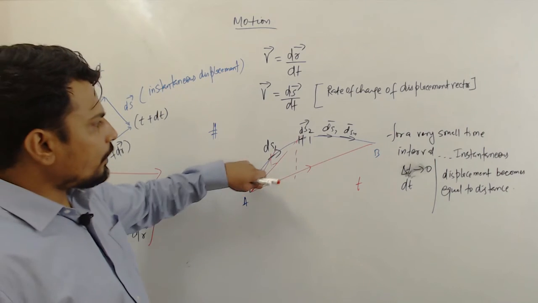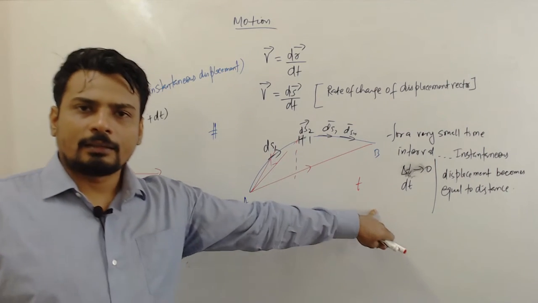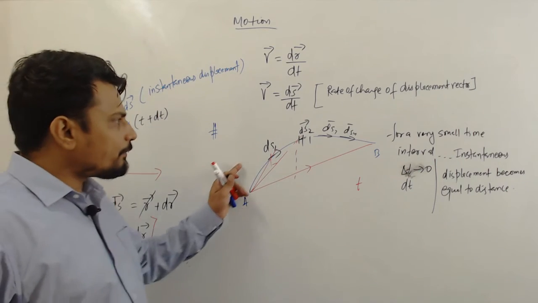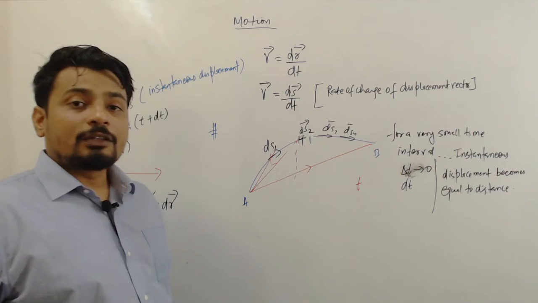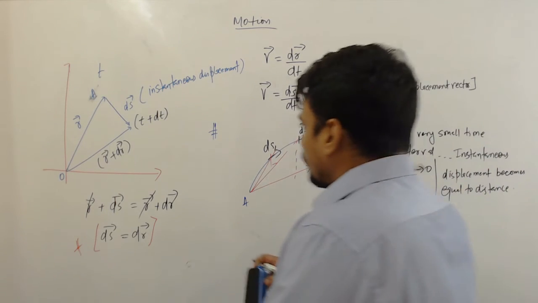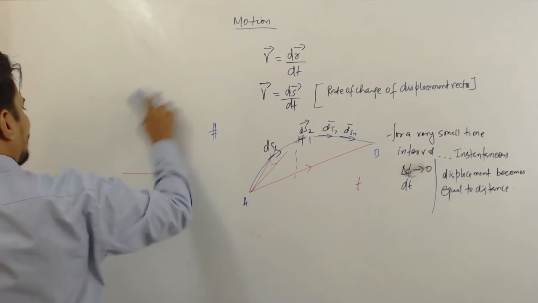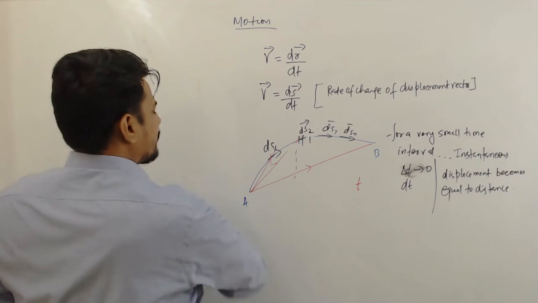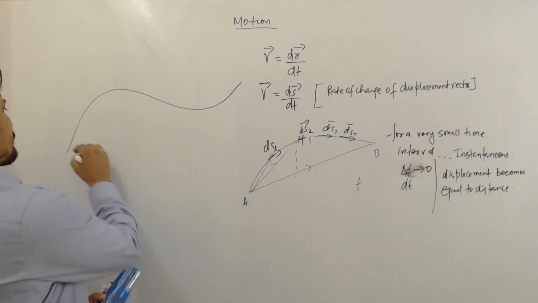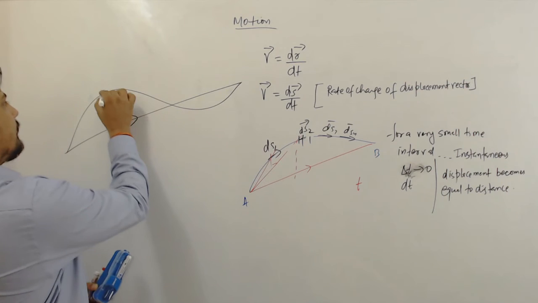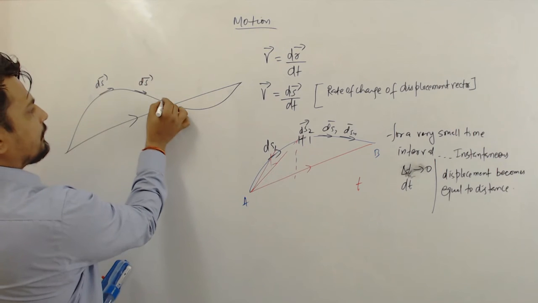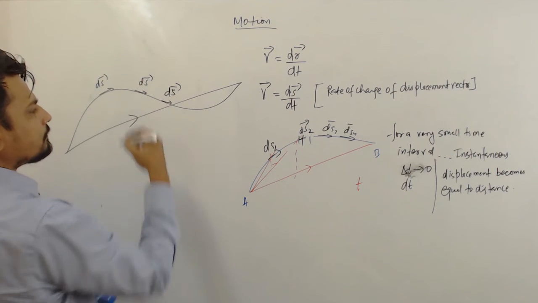If I add all of these displacement vectors, I take the vector sum of all these displacement vectors, that would give you the net displacement. और हम लोग उसको polygon rule से solve करते हैं. We cannot do that by the polygon rules of vector addition. So exactly what I mean to say, let's say this is the distance and this is your displacement vector, and these are the small displacements at different positions, for a small time interval.